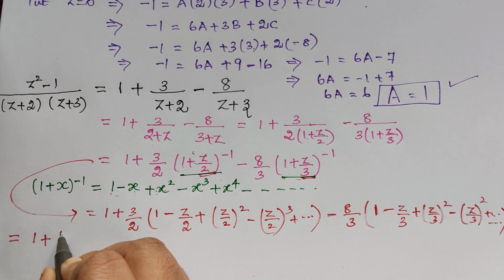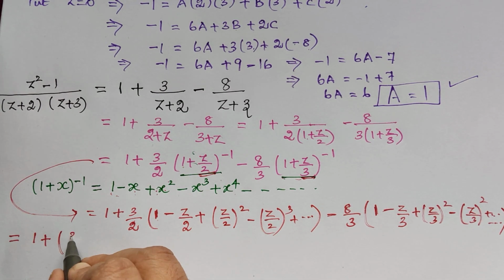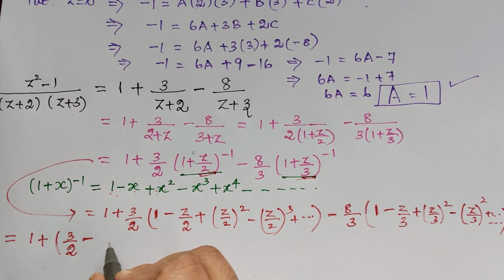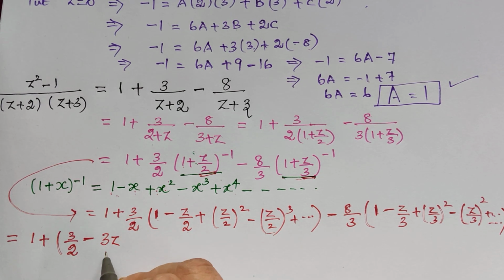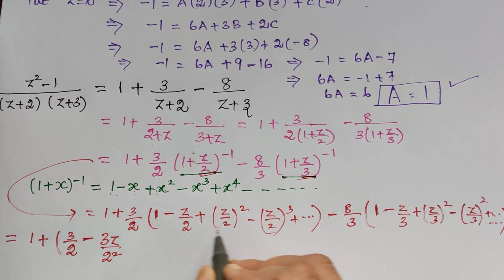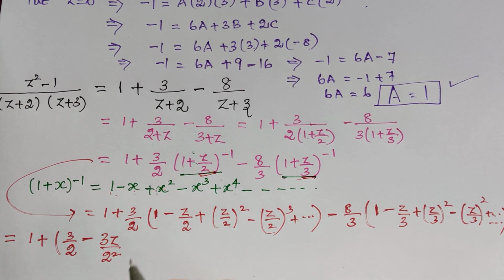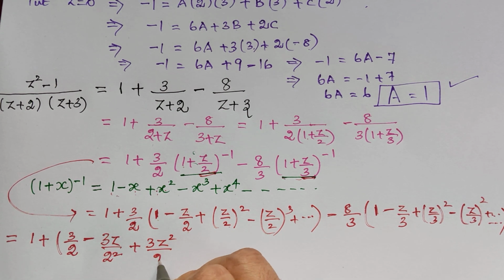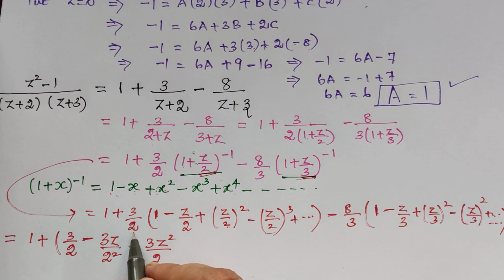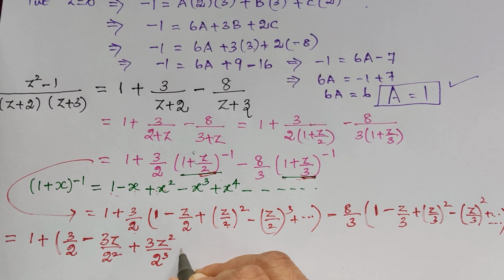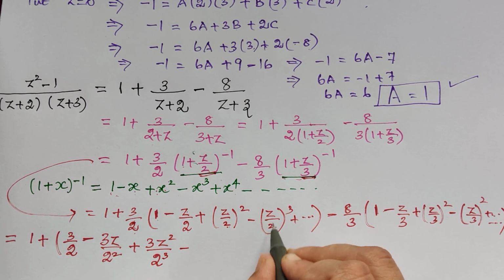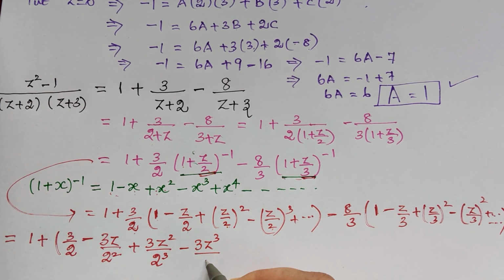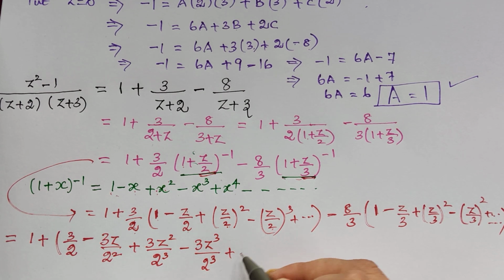When you multiply it with 1, it becomes 3 by 2, minus 3 by 2 multiplied with z by 2, which will be 3z divided by 2 square, and 3 by 2 multiplied with z by 2 the whole square will become plus 3 z square, and the denominator will be 2 to the power, already we have 2 square here, when multiplied with 2 it becomes 2 cube, and then minus 3 by 2 multiplied with this term, so 3 z cube divided by 2 multiplied with 2 square is 2 power 3, and then plus etc.